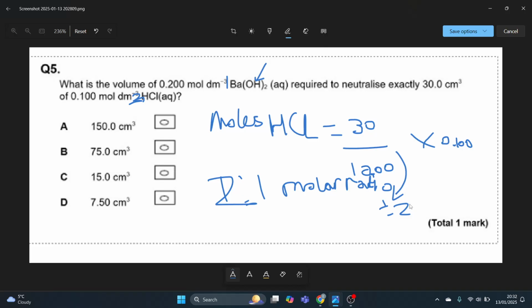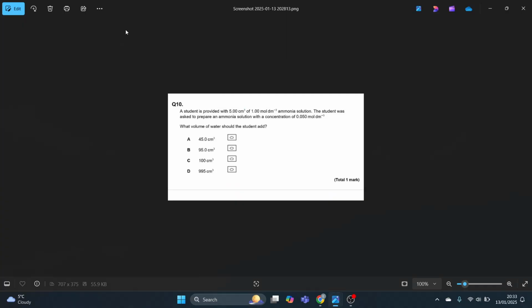So it's 30 divided by 1000 times 0.100 divided by 2, and then the moles divided by 0.200. I get 7.5 times 10 to the power minus 3 moles per dm cubed. I want it in centimeters cubed, so it's going to be 7.50. Bit of a tricky one.